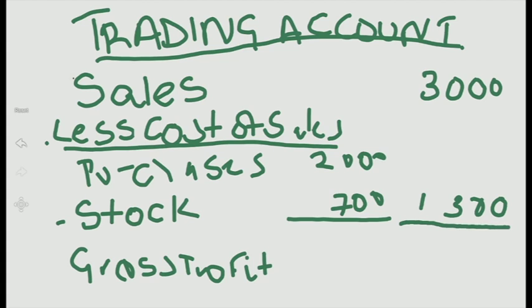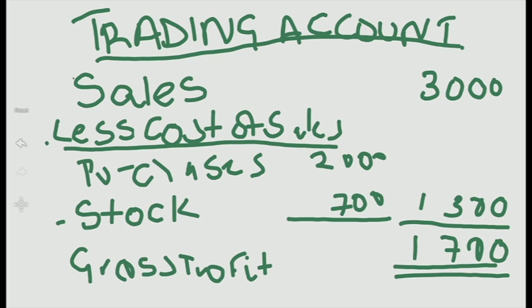So if it is 1,300, our gross profit therefore will be at the value 1,700. So if it is 1,700 gross profit, this gross profit has to be transferred to what?